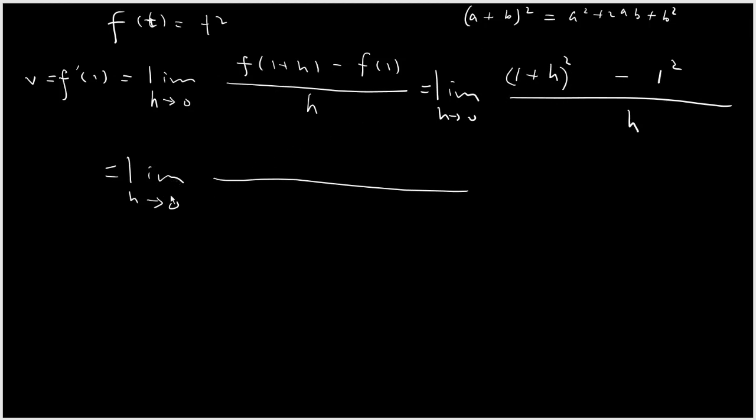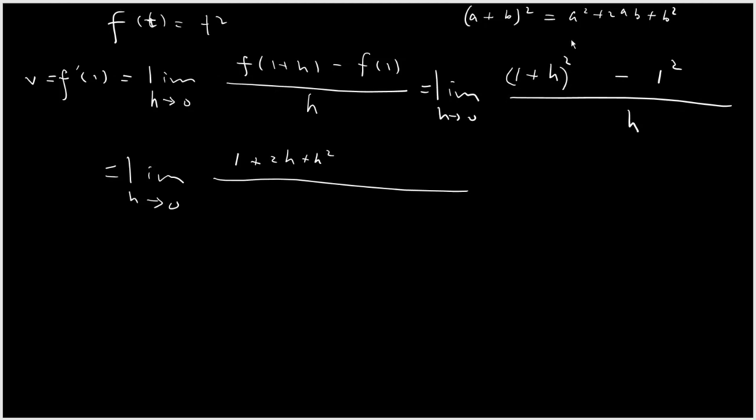Okay. Now we are going to compute the limit. So this term expanded, your a value is 1, your b value is h. So you have a squared, so it is 1, and then plus 2ab, 2h, right? And then plus b squared, h squared.